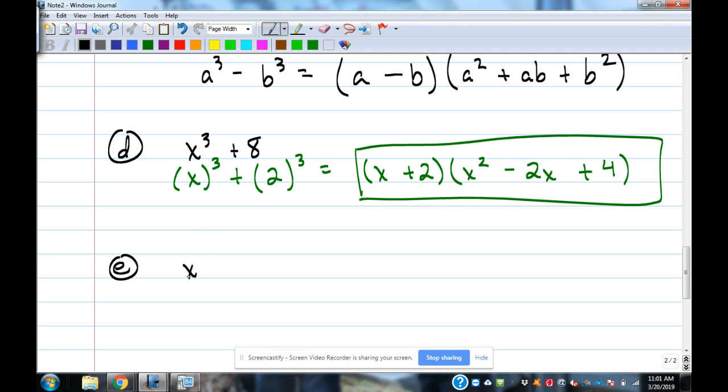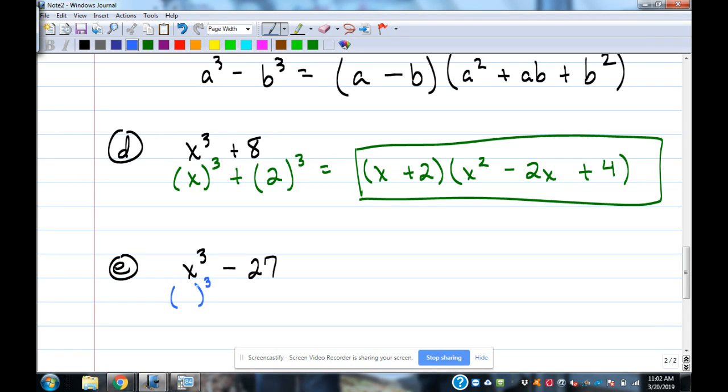Let's say we had x cubed minus 27. Good one. It's a minus sign in the middle. It's two terms. The variable has a cubed on it, so that tells me that's possibly a difference of cubes. May not always be that, but you've got to be able to rewrite it like cubes, right? So the first part's easy.